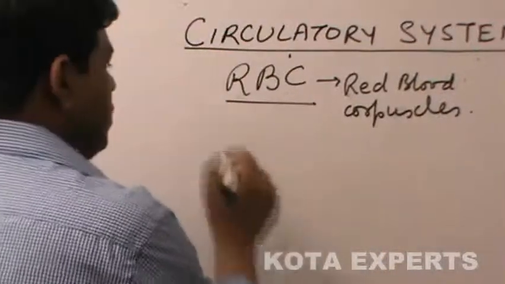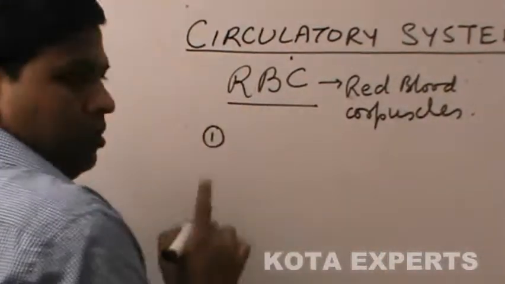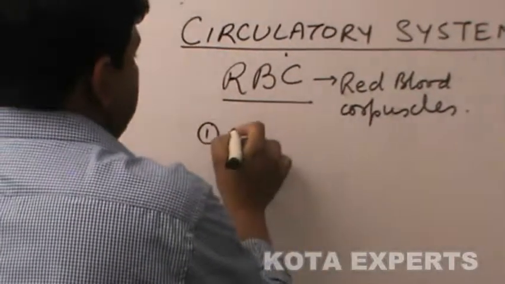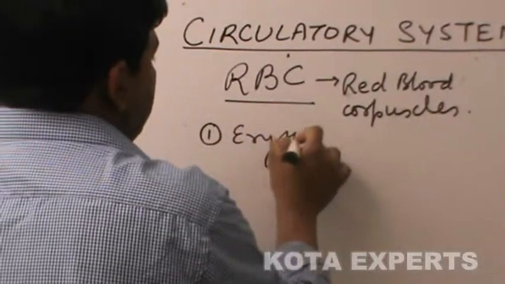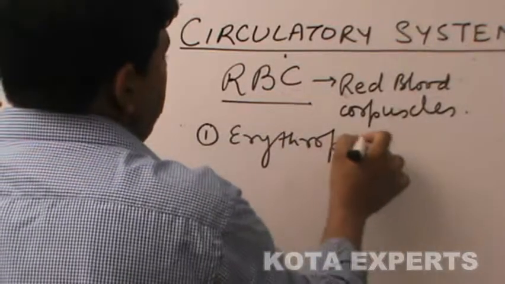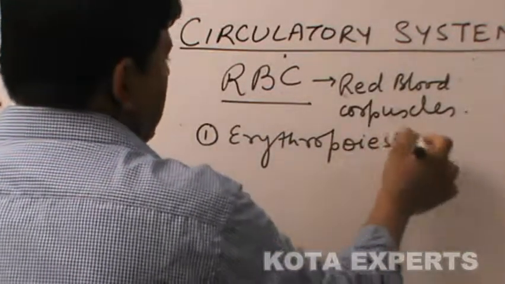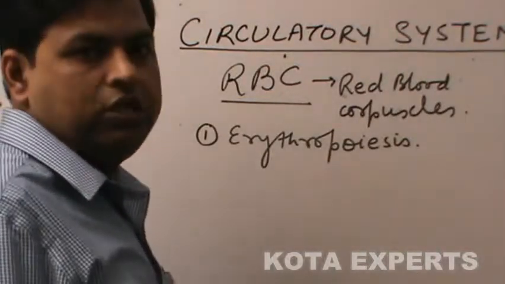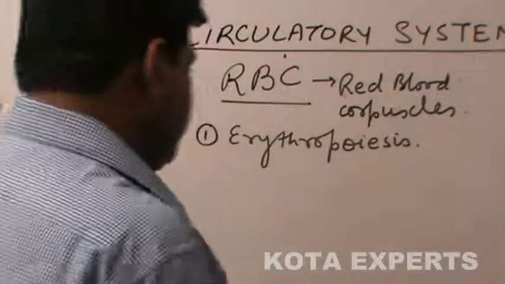And the process of formation of RBC is erythropoiesis. The formation of RBC is known as erythropoiesis.